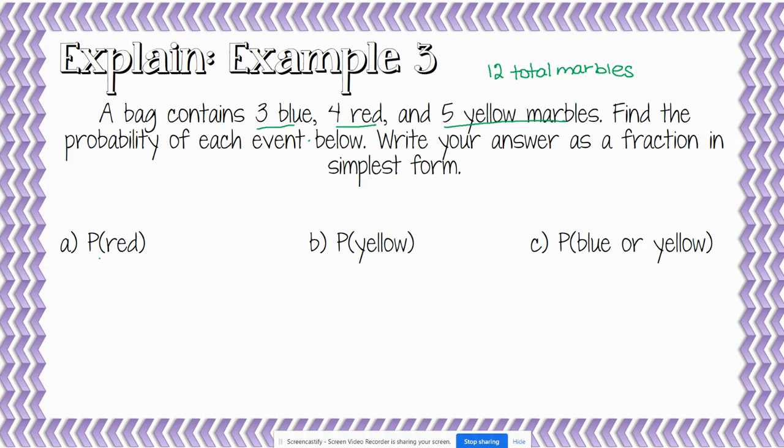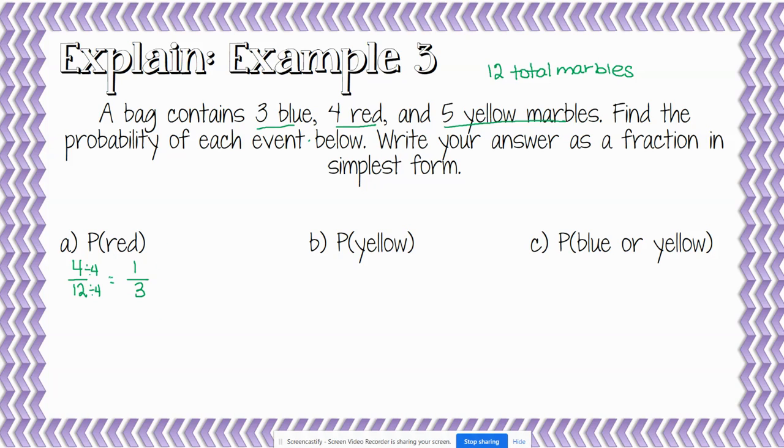For part A, it says the probability of a red. There are 4 red marbles in our bag, and we know that there are 12 total marbles. So the probability of a red is 4 out of 12. I know that both of these are divisible by 4, so I can divide by 4. And 4 divided by 4 is 1, 12 divided by 4 is 3.